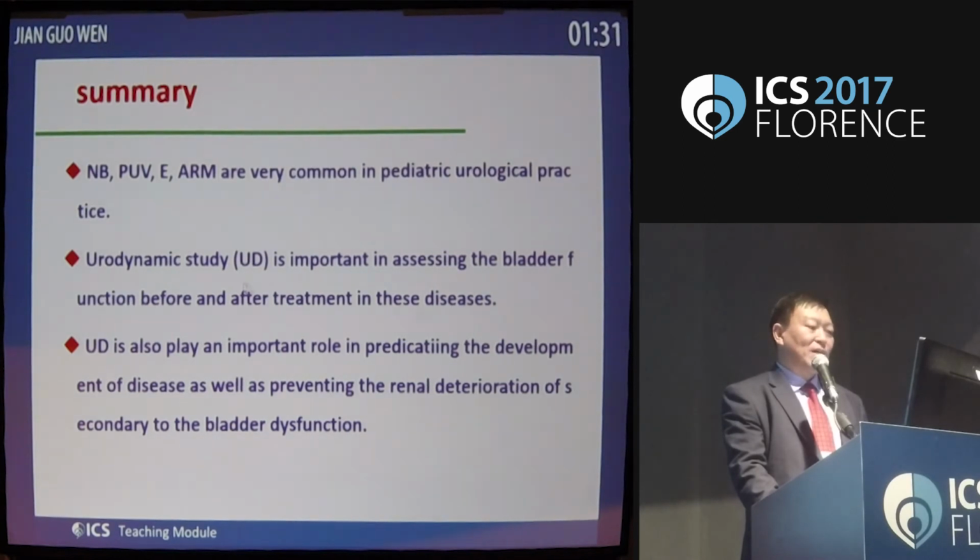Urodynamic study is important in diagnosing the bladder dysfunction, especially the detrusor, sphincter, and DSD, giving us information. Urodynamic study also plays an important role in predicting the development of the disease as well as preventing renal deterioration secondary to the bladder dysfunction.